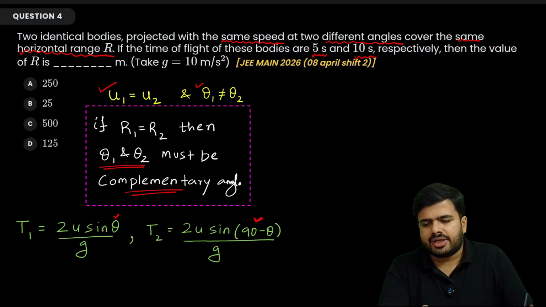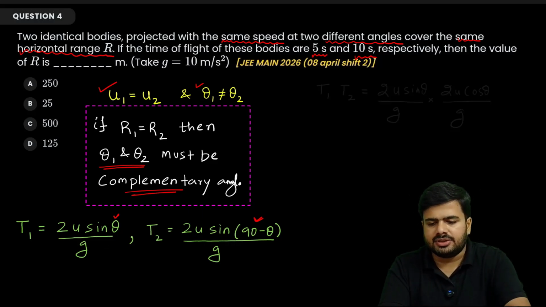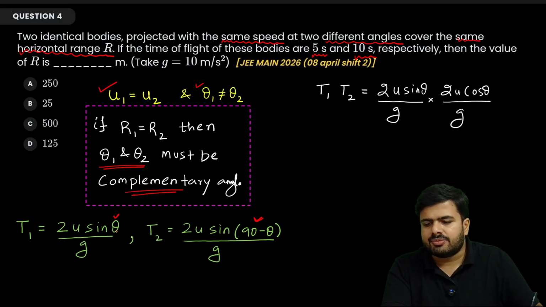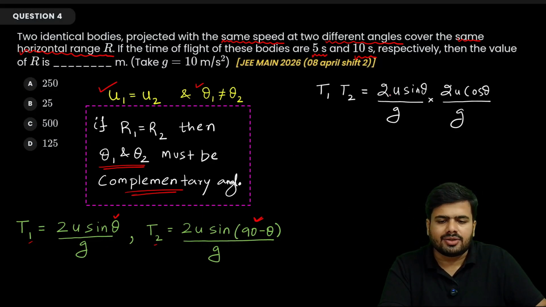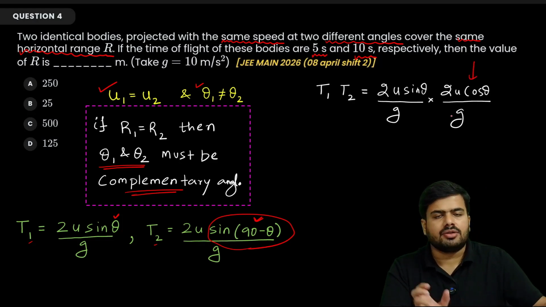So t1 is 2u sin theta by g, and t2 is 2u sin(90 minus theta) upon g. If we multiply t1 and t2, we get 2u sin theta by g into 2u cos theta by g. Sin(90 minus theta) has turned into cos theta.